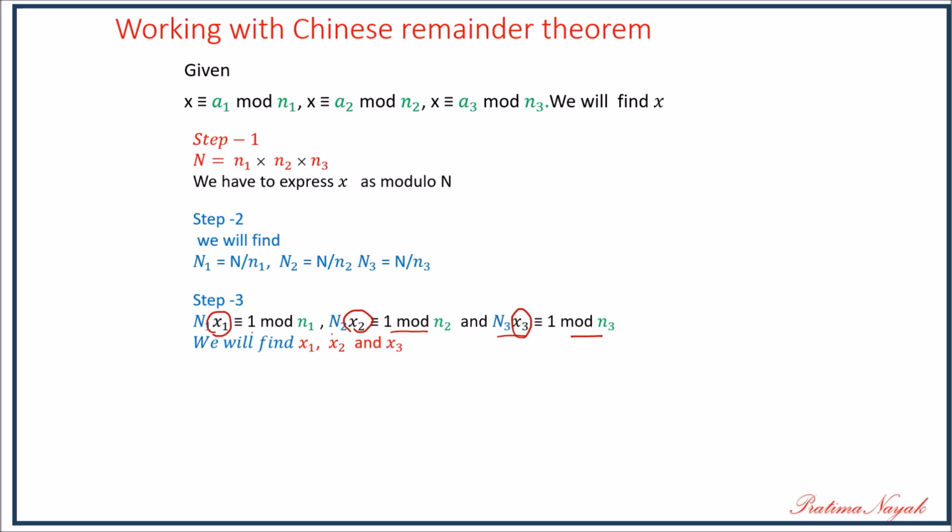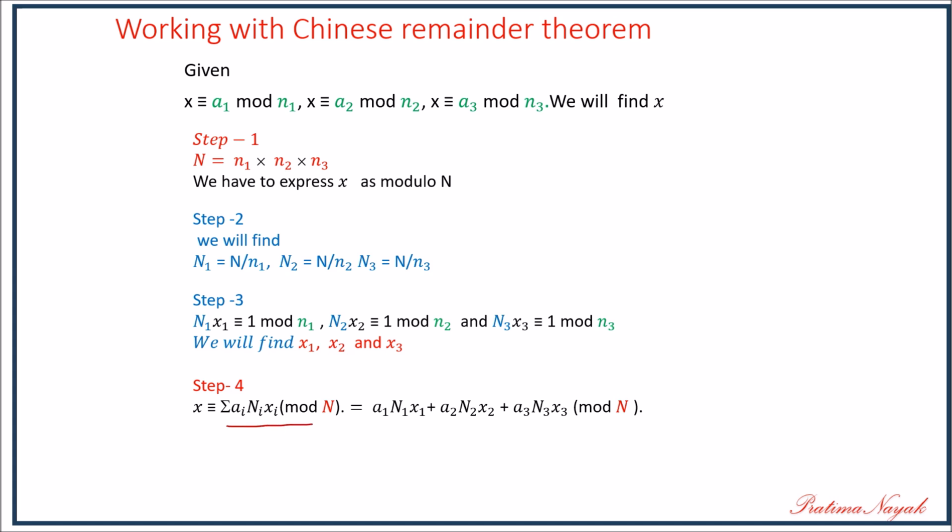Now, after getting x1, x2, x3, as I told, this step is slightly critical. Now, step 4 will get the sum of a, N and x, that is nothing but a1 N1 x1, a2 N2 x2, a3 N3 x3 modulo N.